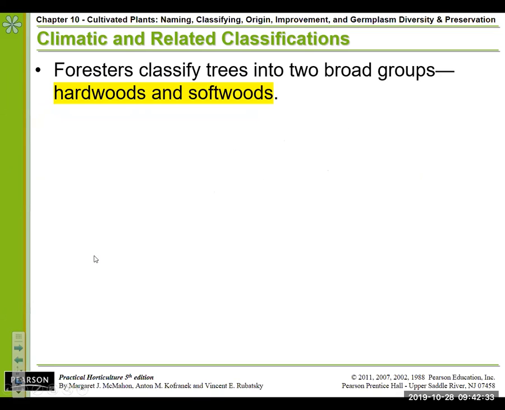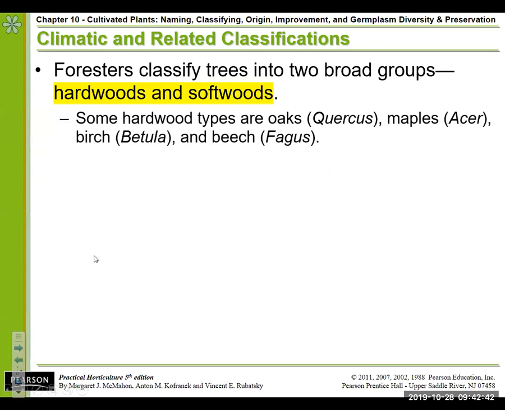Foresters look at plants a different way. We're looking at shrubs and trees in this case, and we look at two very broad groups there, the hardwoods and the softwoods. The hardwood types, of course, include those plants that have hardwood, things like oaks, maples, birches, and beech.